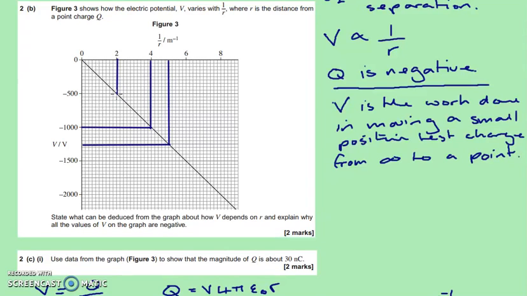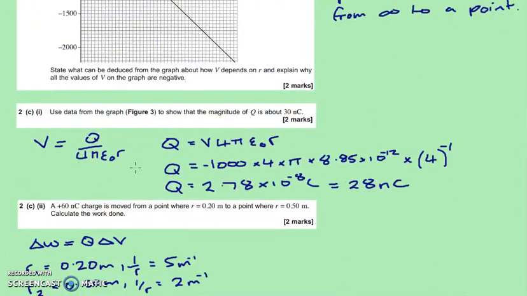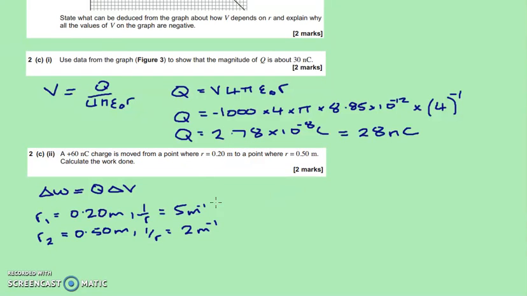It's easier for me to grab. That's 500. So where we've got that's minus 500 and minus 1,250. So where we had 5, then V equals minus 1250 volts, and then where it was 2, it was minus 500 volts.